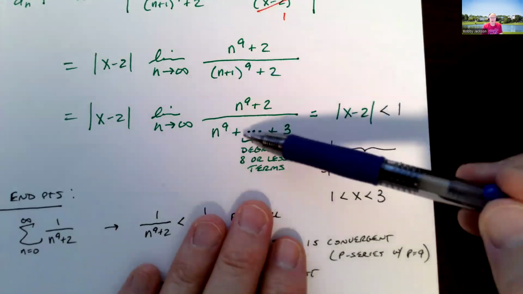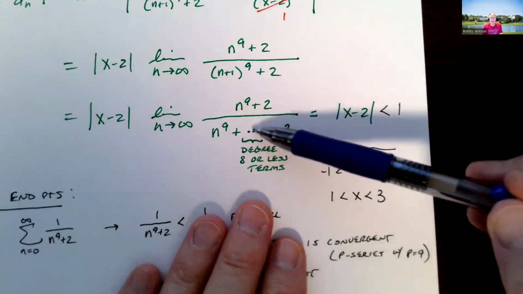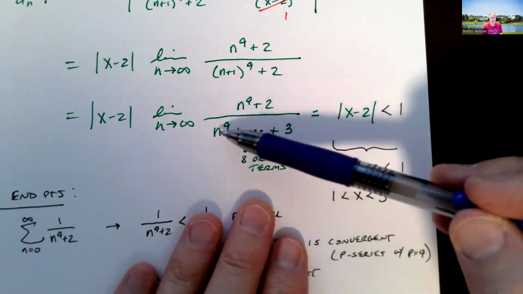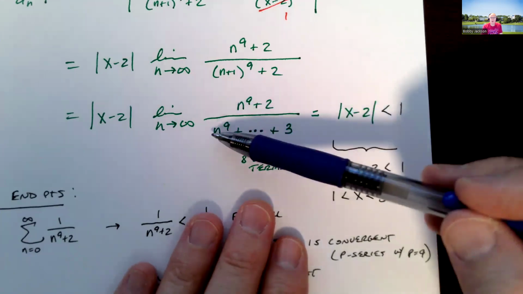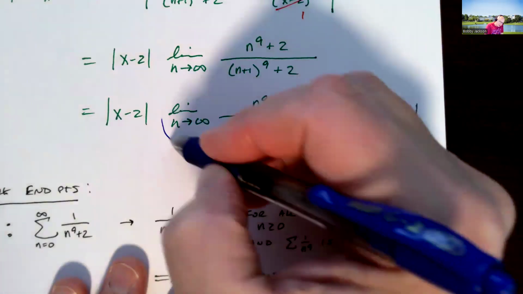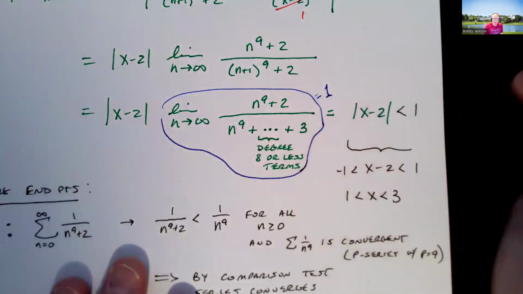So all these terms are less than degree 9, and therefore this limit will just be equal to the ratio of the leading term coefficients, which is 1 over 1, or 1. So the limit as n goes to infinity of all this stuff is 1.